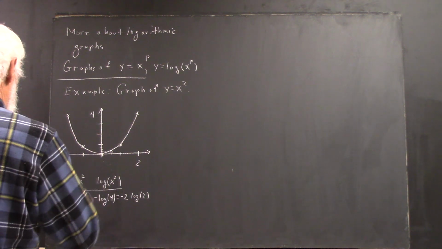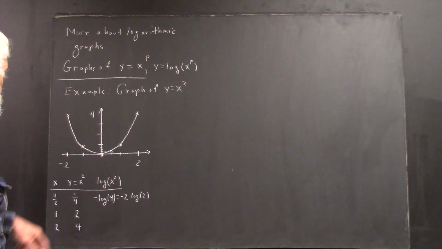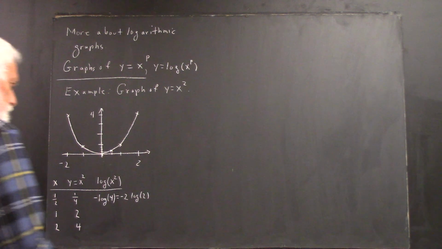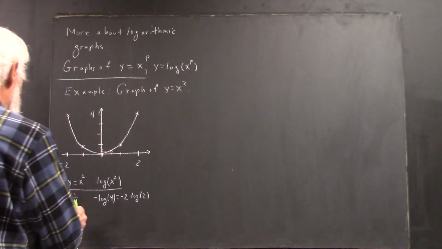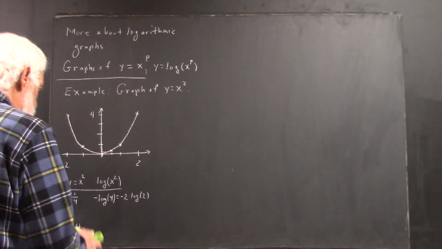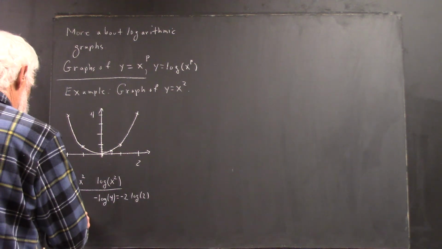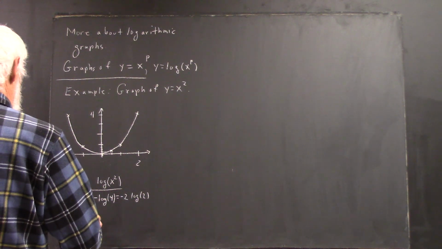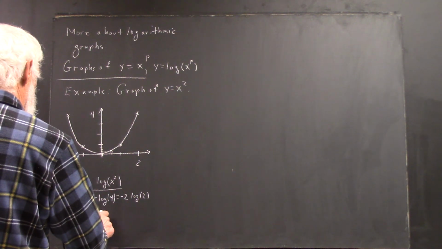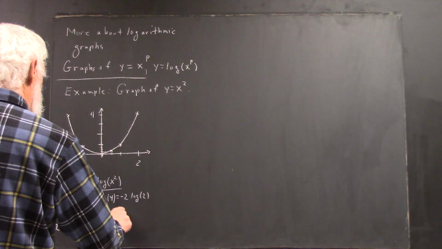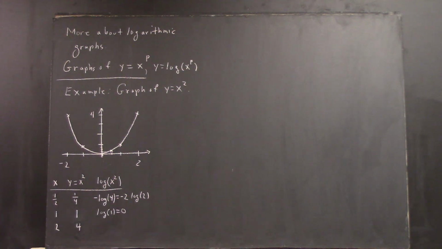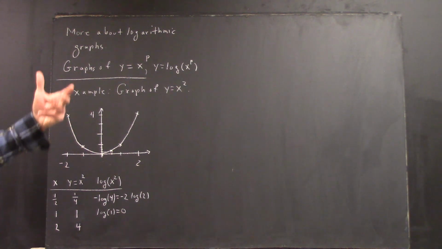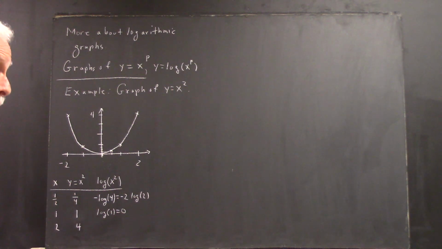Now the log of x squared, if x is 1, x squared is 2. No, it isn't. If x is 1, x squared is 1. And we get log of 1 equals 0, because again, b to the 0 is always 1, and the log is the inverse of the exponential function.